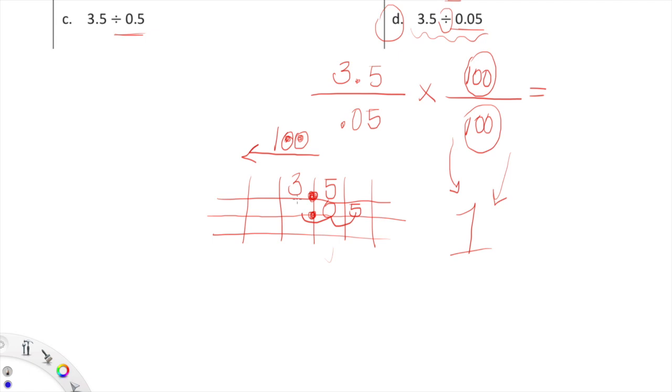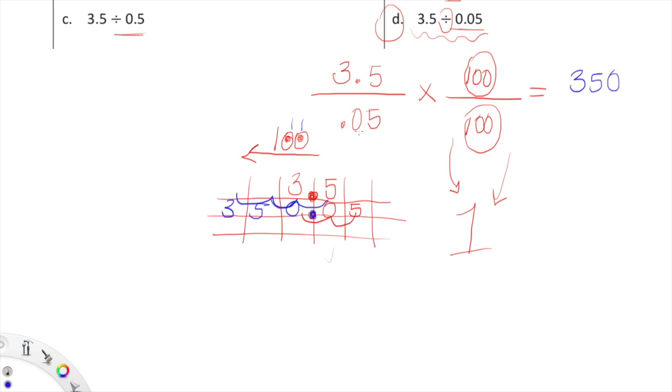So 3 is going to hop over 1, 2 place values to the left because we're multiplying by 100 and 100 has 2 zeros. And then this 5 is going to hop over 1, 2 place values to the left as well. So you can see that 3.5 times 100 is 350. Please know that I trust that a lot of you are doing this in your head. I'm using the place value chart just to support that.